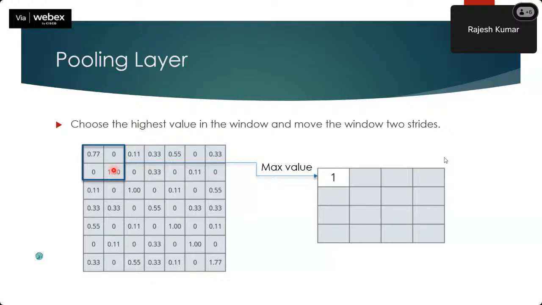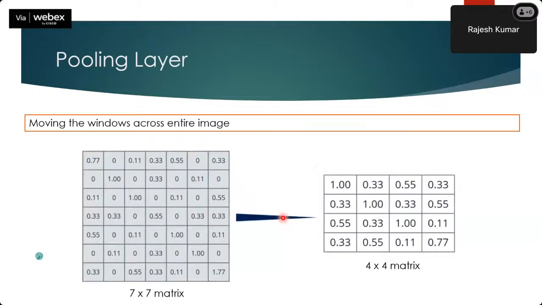If you take the mean, you are blurring the image. So I take the max of the window, move the window, take the max again, and repeat. By doing so, my size further reduces from 7 cross 7 to 4 cross 4. That is how I do it.